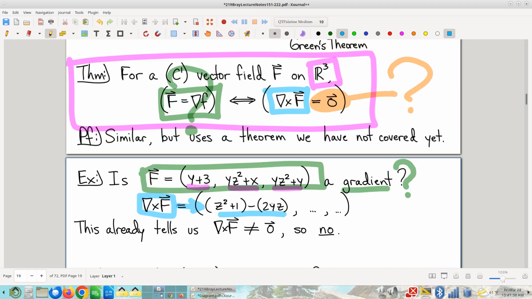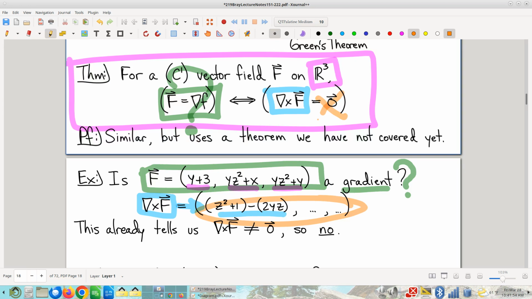So, kind of a clever observation. I don't even have to finish this calculation. I can already see, just from having computed one coordinate, that this curl here is clearly not going to be 0. It's just not going to be 0 everywhere. I don't even have to compute the second and third coordinates.